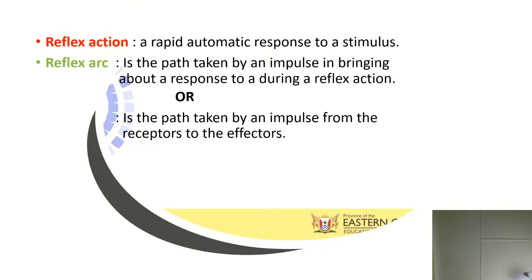Of course, in between receptors and effectors, there's the central nervous system, particularly the spinal cord. So simply put, you can say a reflex arc is a path taken by an impulse from receptors to effectors. Or, if you like, you can say it is a path taken by an impulse in bringing about a response to a stimulus during a reflex action.